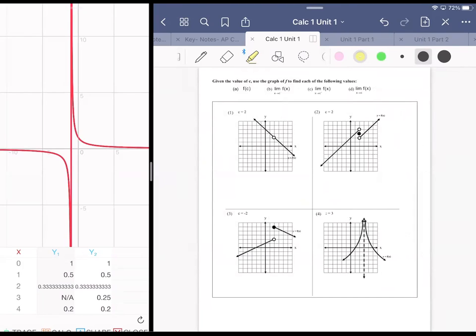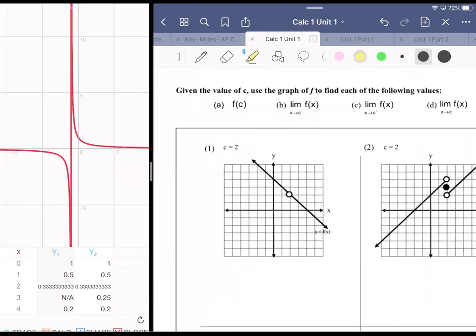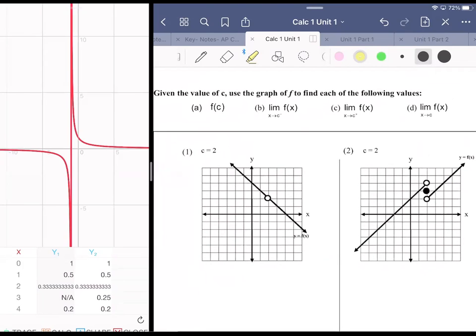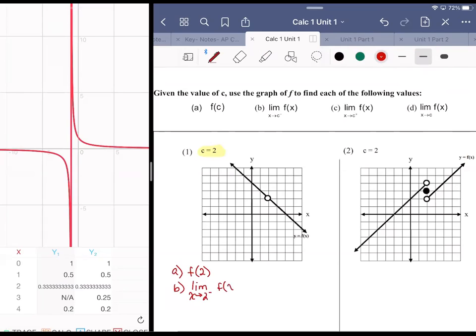All right. So looking at the questions here, the overarching instructions say, given the value of C, use the graph of f to find each of the following values. So it's telling us to find f of C, but in this problem, it tells us that C is equal to 2. So part A is really saying find f of 2. B is saying find the limit as x approaches 2 from the left of the function f of x.